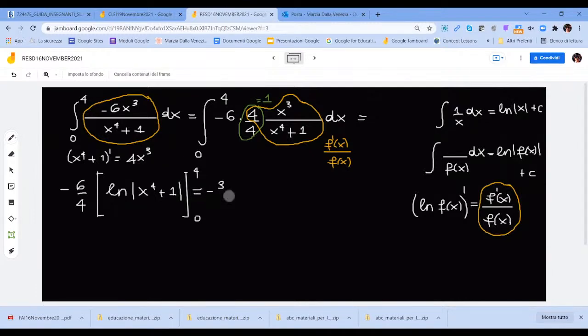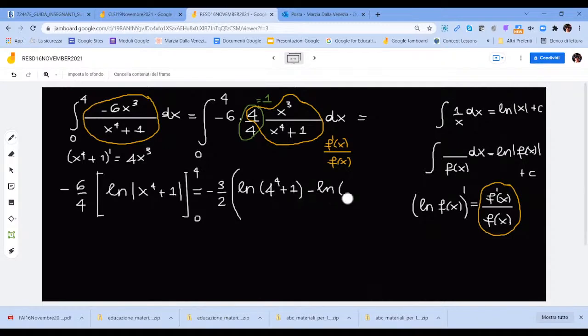So you have minus 3/2, and then I change parentheses, so that means we compute the primitive function, the first is always the upper, 4 to the fourth plus 1 minus the logarithm of 0 to the fourth plus 1.